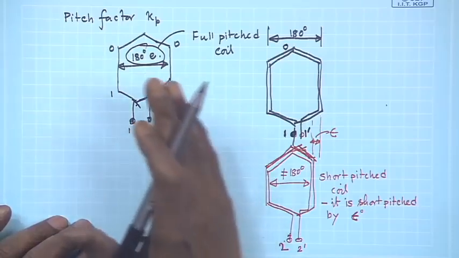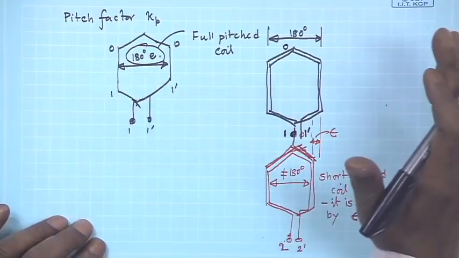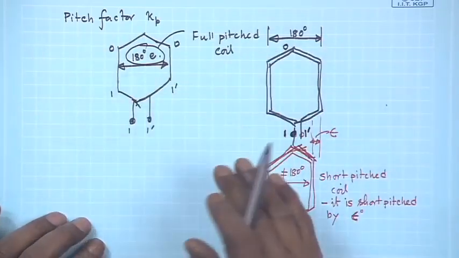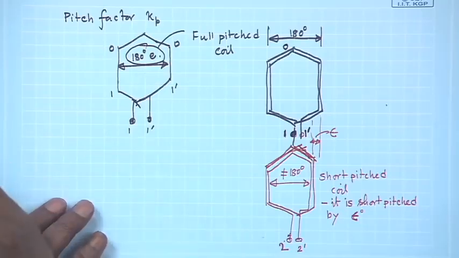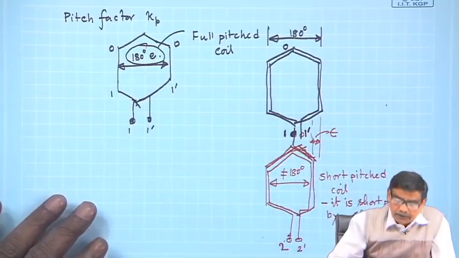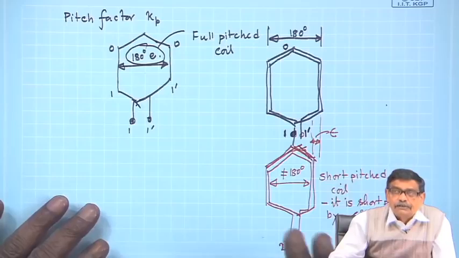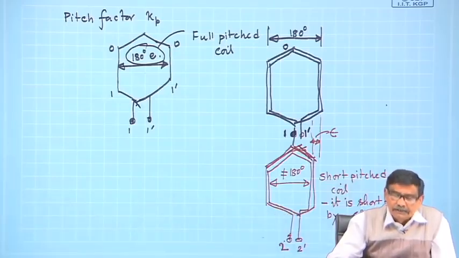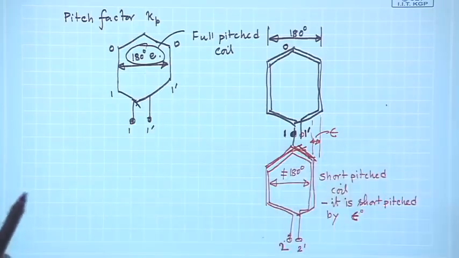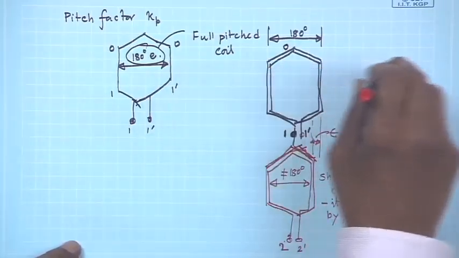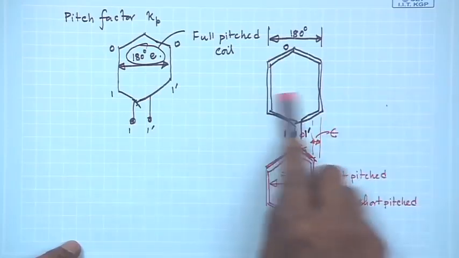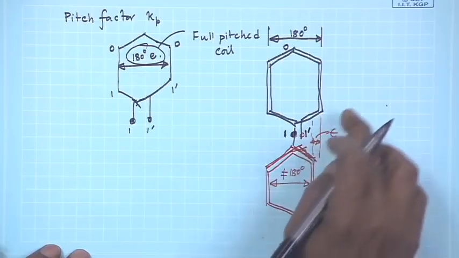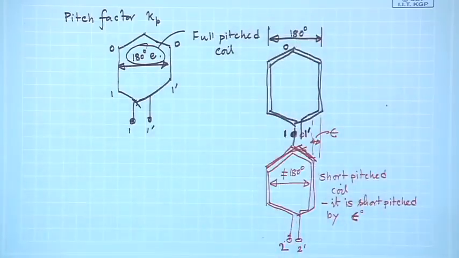And suppose it is moving from right to left. Suppose the conductor, I will often be telling it is moving from left to right or right to left, but you must understand what is the difference between these two. Nothing great is the difference, but if somebody says the conductor is moving from left to right, I will say, oh, E 1 dash O, this voltage is leading E 1 O, that is all.